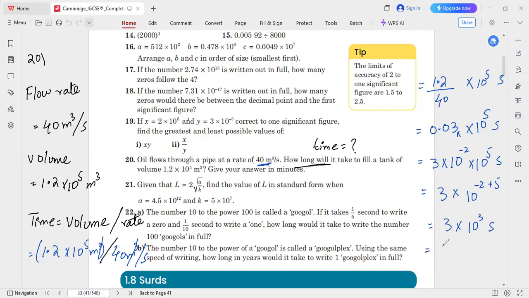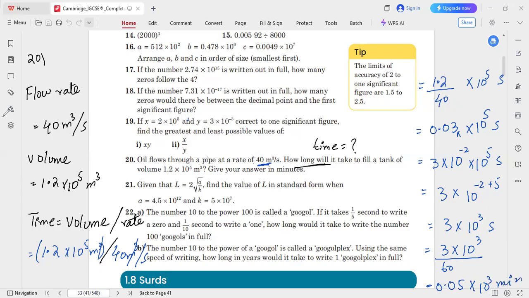To convert this, what we will do is divide this by 60. So simply divide 3 by 60 and it will change this into minutes. Seconds to minutes we need to go, okay? So this is coming 0.05 times 10 raised to the power 3 minutes.